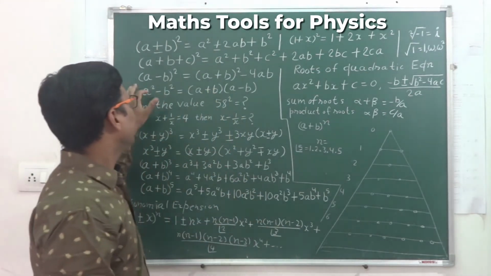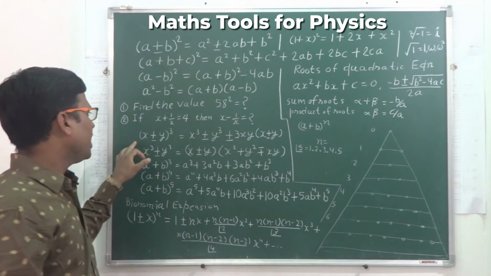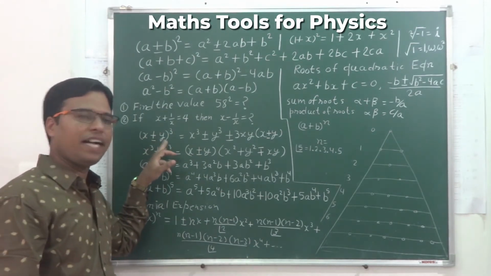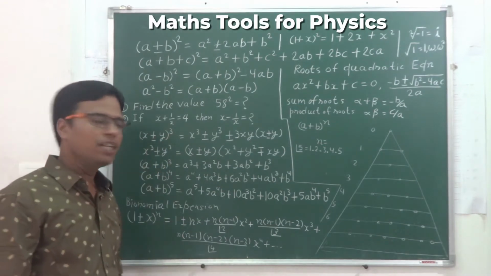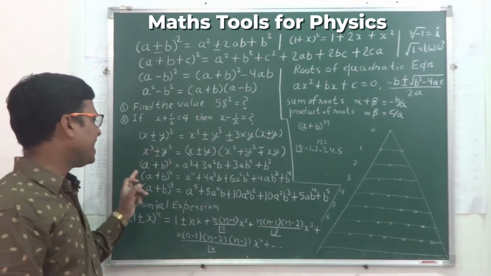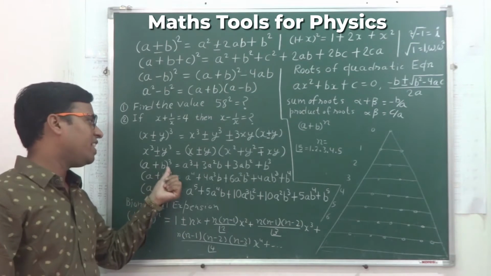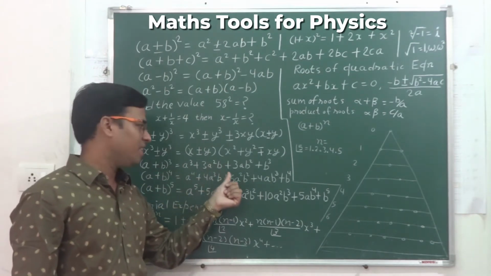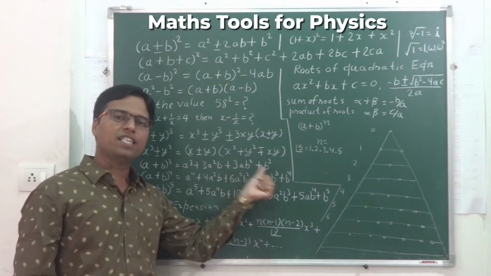Now students, we are going further. If we expand (x ± y)^3, you know it very well. You have read that (a + b)^3 = a^3 + 3a^2b + 3ab^2 + b^3.